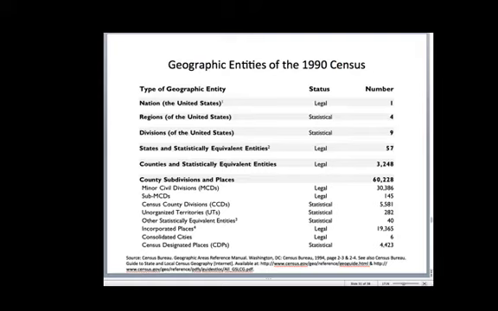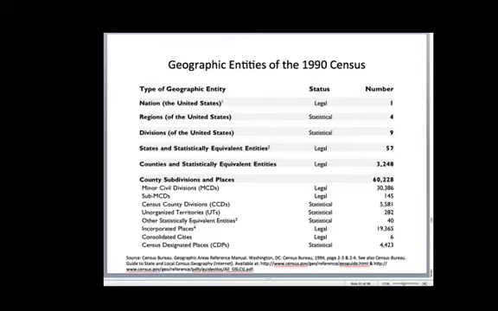So for example, the nation, the United States, is defined as a legal entity, as are states and counties, but the regions and divisions in the United States are defined for statistical purposes for the Census Bureau. The final column, number, tells how many of each of these entities there are in the United States.